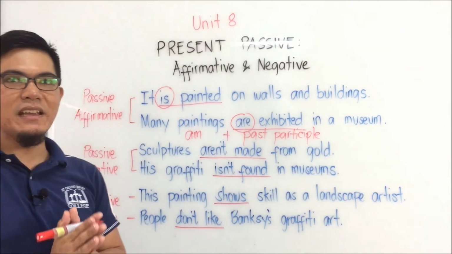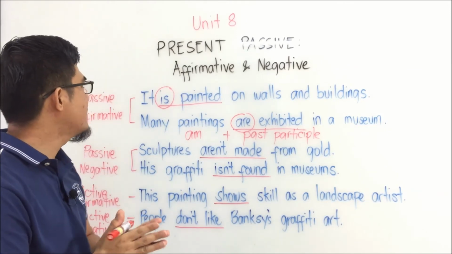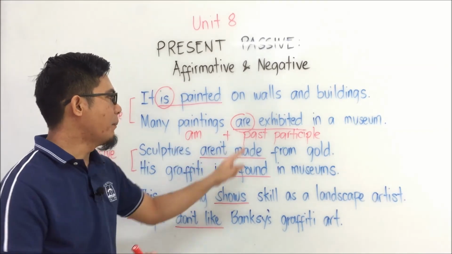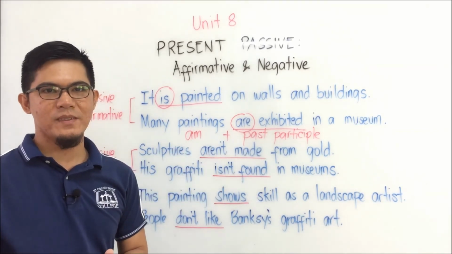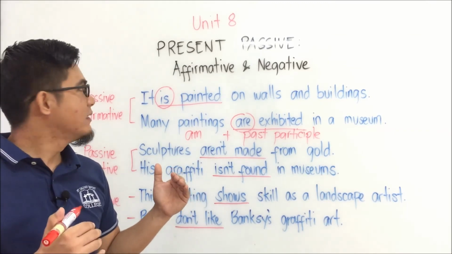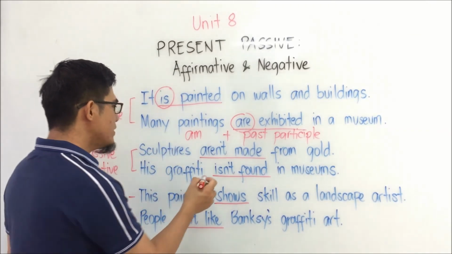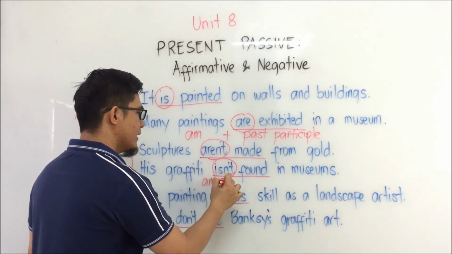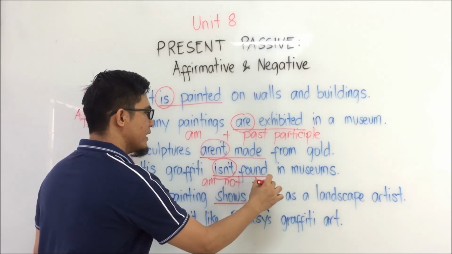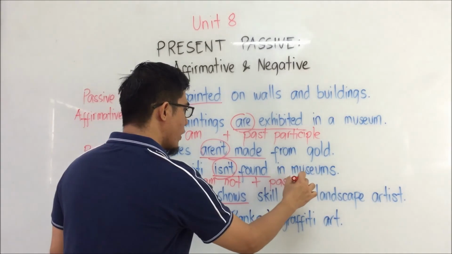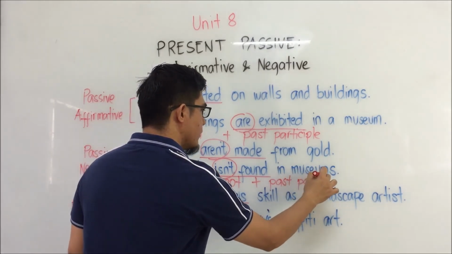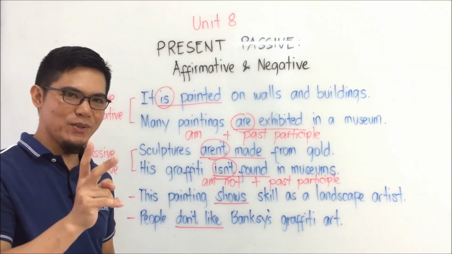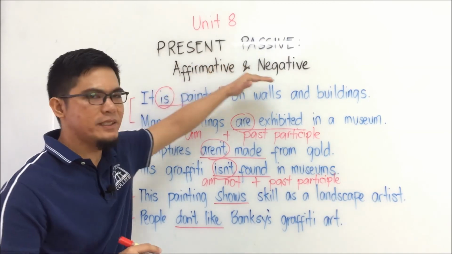Again, in using present passive affirmative, we use is, are, and am plus the past participle form of the verb. Whereas present passive negative, we use isn't, aren't, am not plus the past participle form of the verb. Okay, that's our only two rules in writing present passive, affirmative and negative.